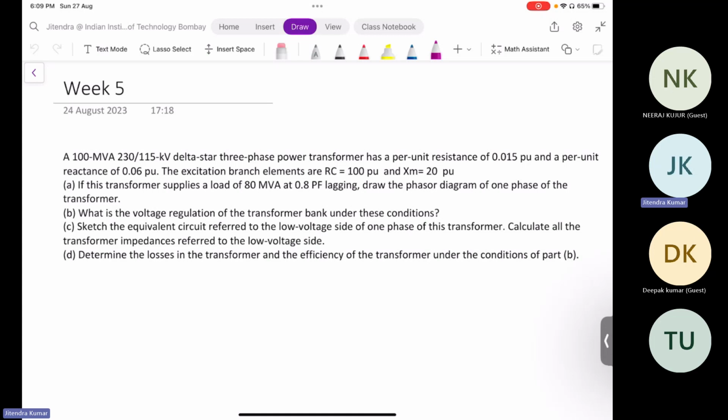After analyzing the problem, you have to let me know the approach. How should we proceed with the problem?